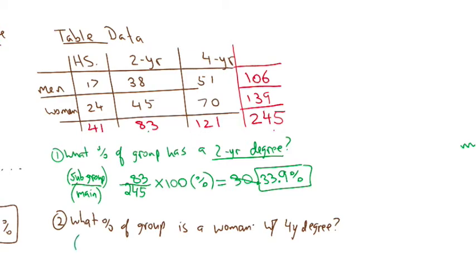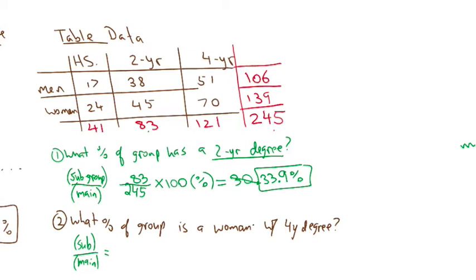So when we separate this into subgroup and main group, the first thing we really want to find is the main group. What is the main group here? Everybody. Well, if you said women is the main one. There's a lot of words here. What percent of the group is a woman with a 4-year degree?